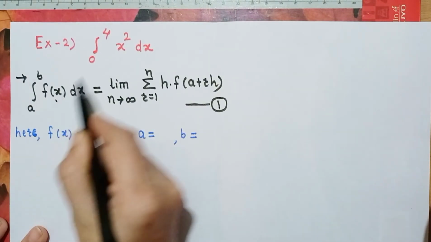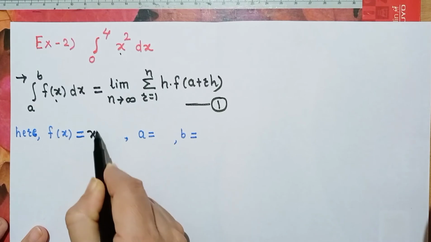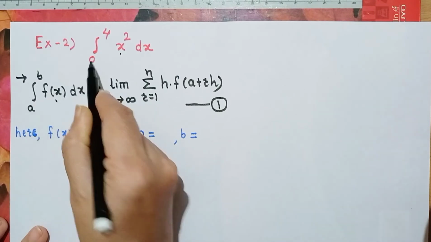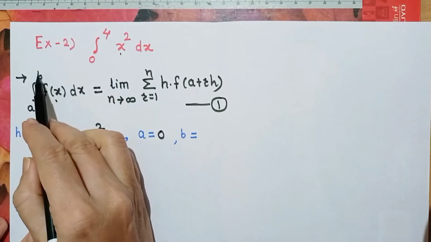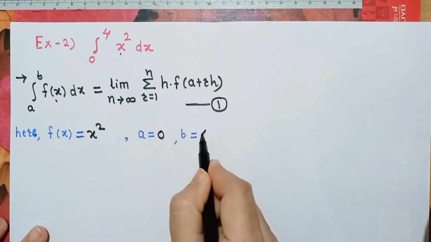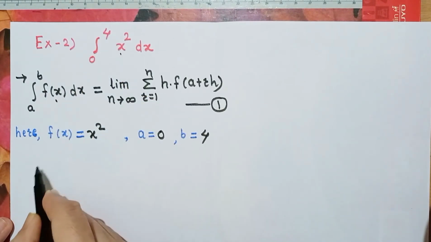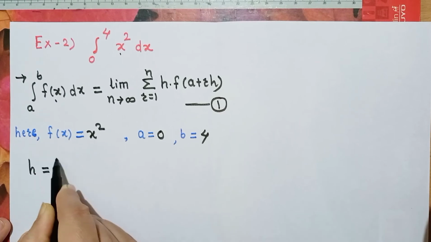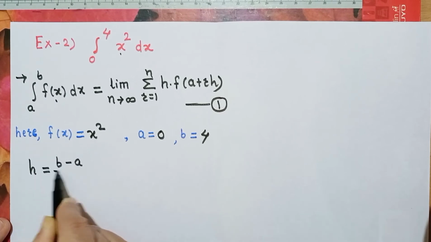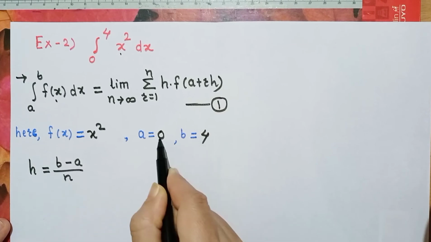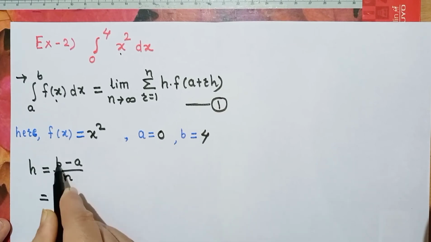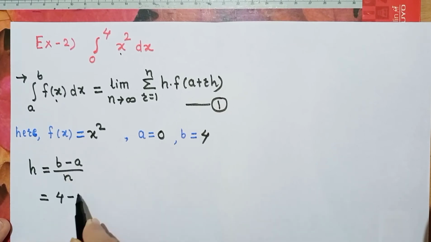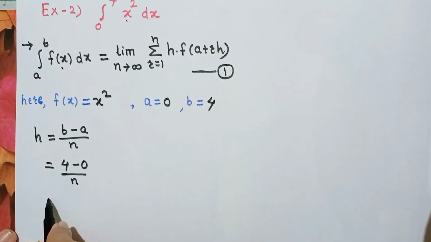Check here, f of x equal to x square, and then lower limit a equal to 0 and upper limit b equal to 4. So first we will find out the value of h. So h is equal to b minus a upon n. Now we will substitute these values, and so b is 4, a is 0 upon n, and so h is equal to 4 upon n.